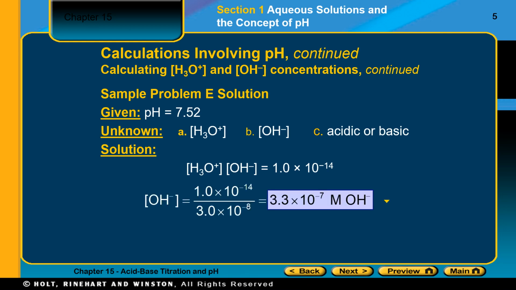If we solve for the hydroxide ion concentration, we take 1.0 times 10 to the negative 14 and divide it by the hydronium ion concentration. So we'll have 1.0 times 10 to the negative 14th divided by 3.0 times 10 to the negative 8, and we find out that our hydroxide ion concentration is 3.3 times 10 to the negative 7th molar.